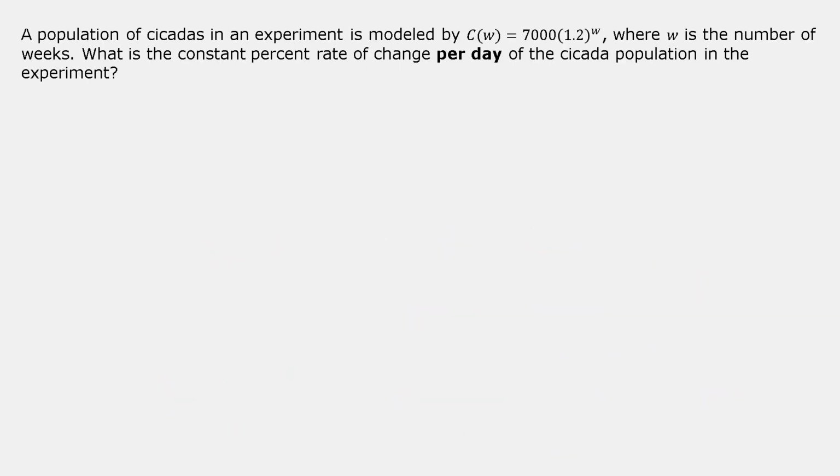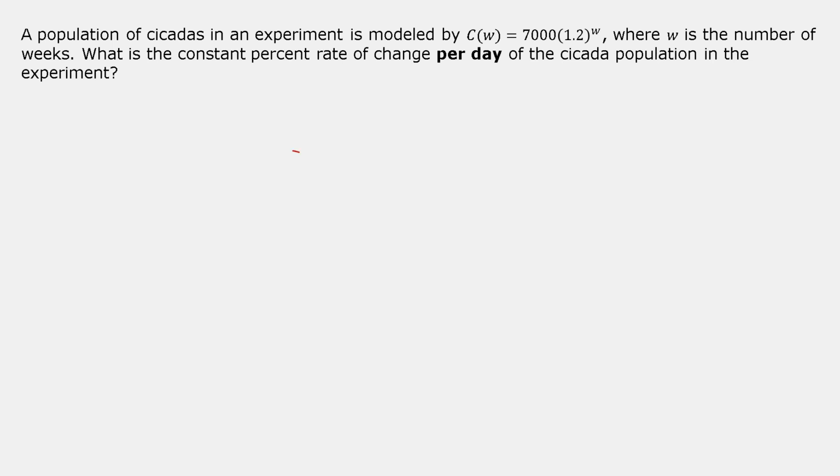We're going to briefly talk about this one. It's kind of small on the screen, but a population of cicadas in an experiment is modeled by this function. W is the number of weeks. We want to find the constant percent rate of change per day. So we need to figure out what our new growth rate is and then figure out what our R is.